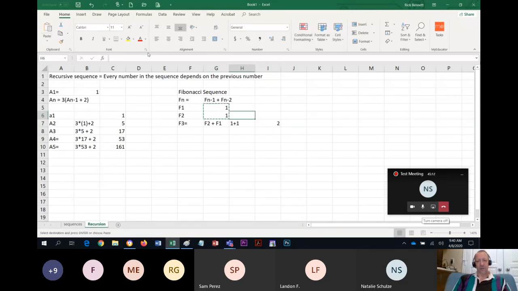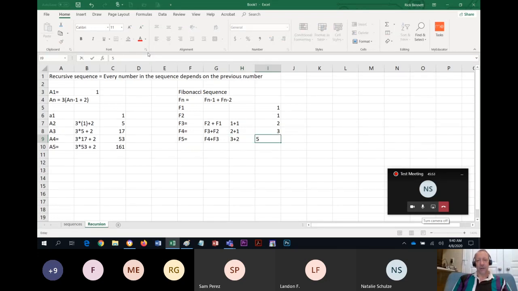I'm going to move these over to this column here. Okay? So this is a very famous sequence. So f sub 4 is going to equal basically f sub 3 plus f sub 2. Okay? Well, f sub 3 is 2, f sub 2 is 1, and so that equals 3. F sub 5 equals the previous one, which is f sub 4, plus f sub 3. Okay? F sub 4 is 3 plus f sub 3 is 2.